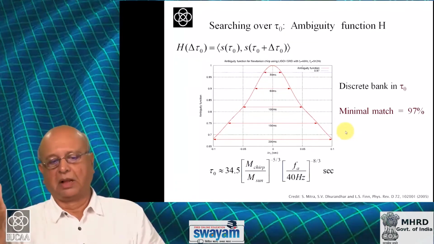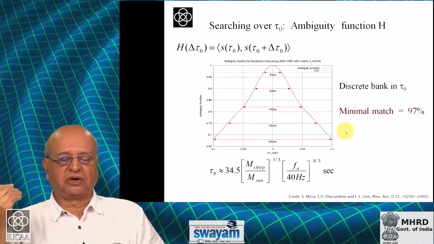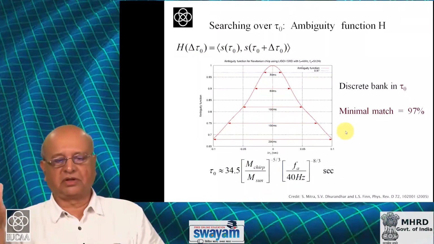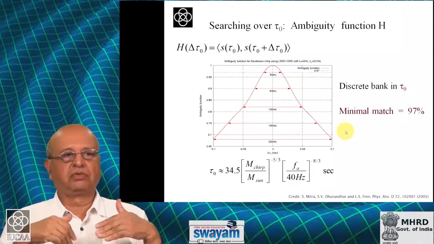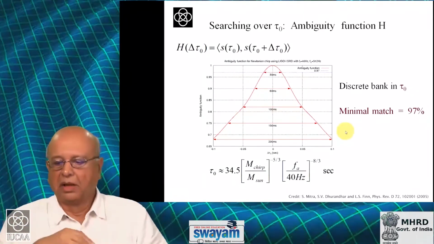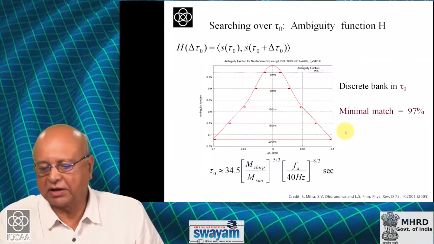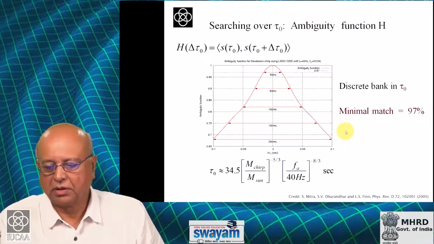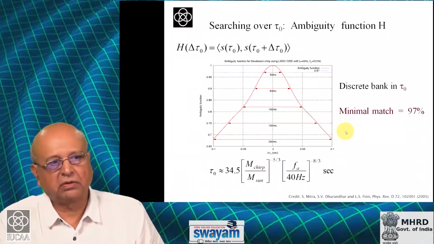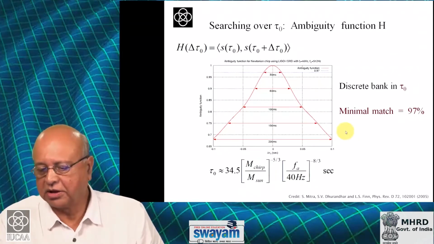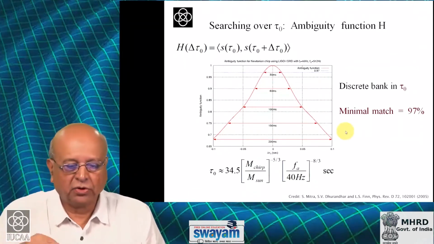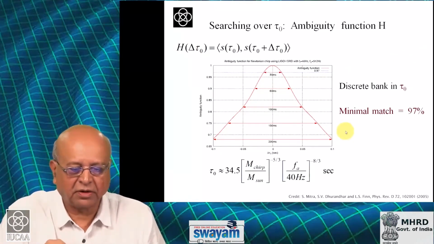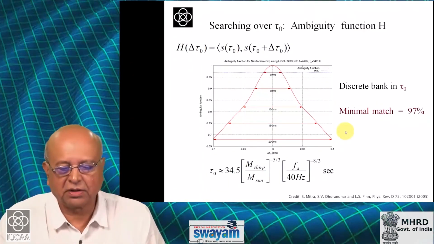Then that means it is 10% in volume. Now, if you take the cube root of this volume, the 10% loss, it turns out to be 3%, because the volume scales as r cubed. So, the minimal match is set at 1 minus this maximum mismatch that you can have, that 3%, it is 97%. So, you let the H fall to something like 97% and measure delta tau naught from this.